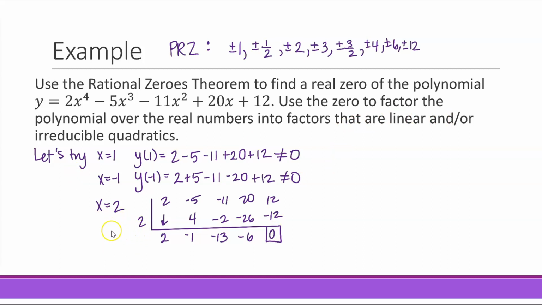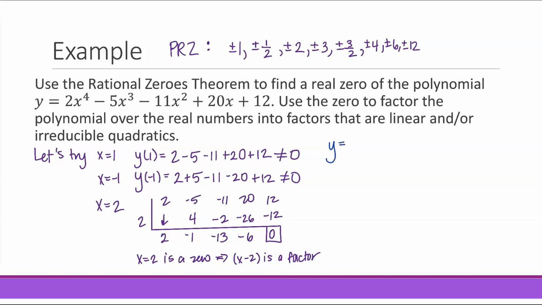Okay, so what do we know? We know that now x equals 2 is a 0, which means x minus 2 is a factor. Right? x minus 2 is a factor. And then these numbers here become the coefficients of my quotient polynomial. So here's what we have so far.